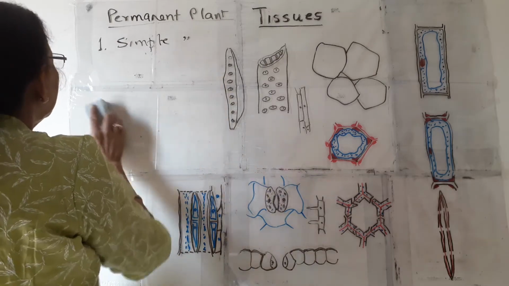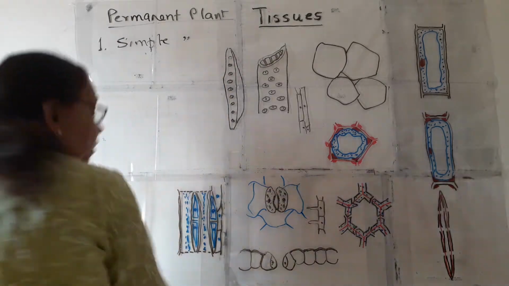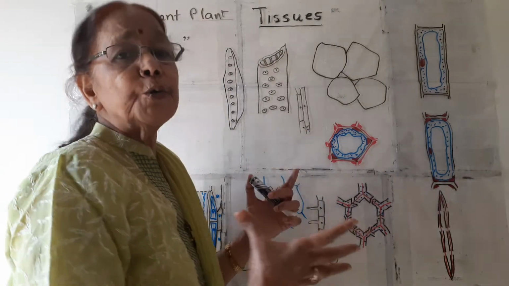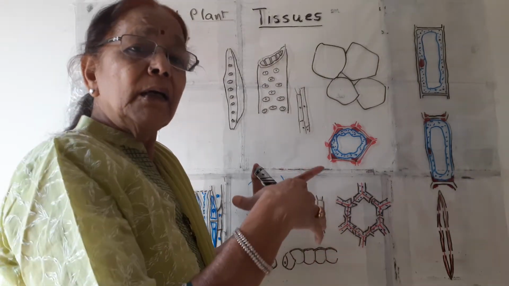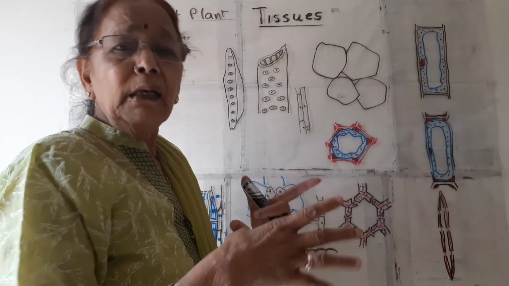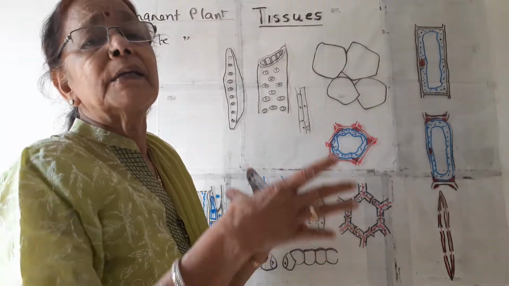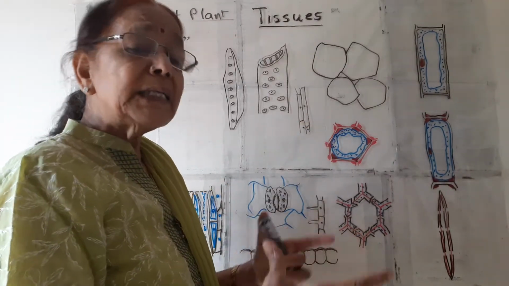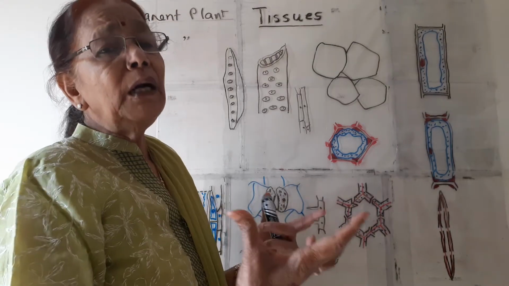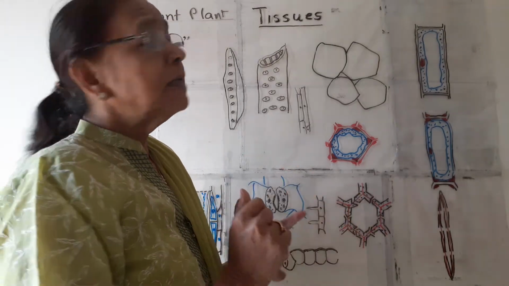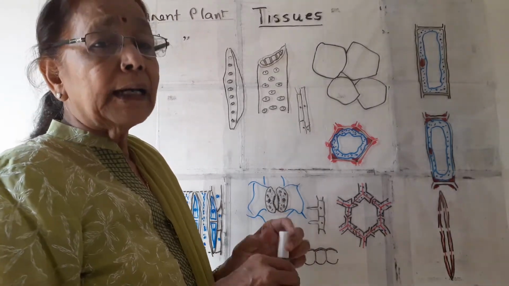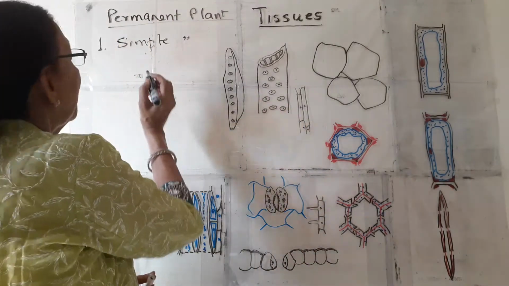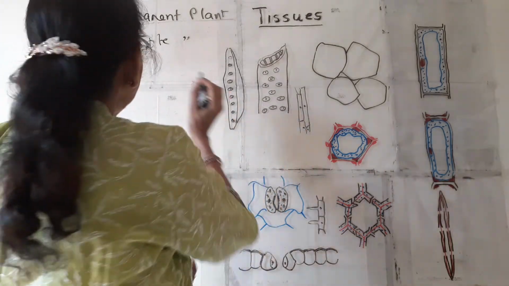Simple, as the name indicates, all the cells of this tissue are of the same type. All the cells together of the same size and same shape and same type form a tissue which is a simple tissue. Now this simple tissue is again classified into 3-4 types.